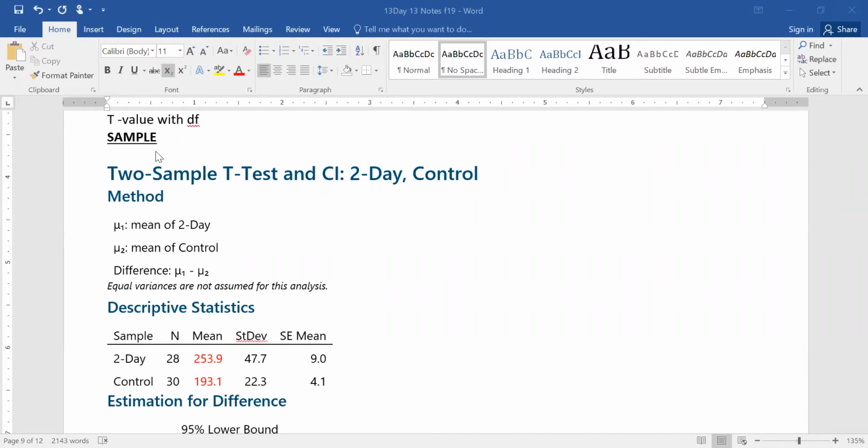Okay, so I have someone in the message saying they can't get the output because there are more control values than they know, that they're different. So did you use the right test? Did you do the 2 sample t-test and choose that each sample is in its own column? So try that again.